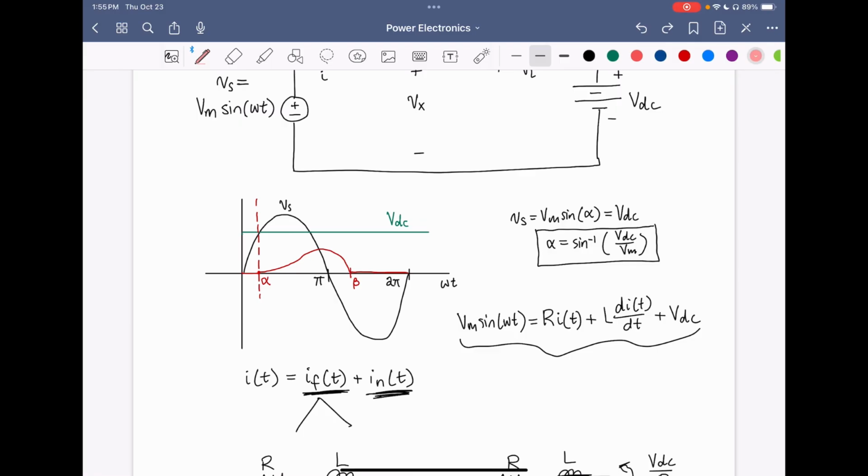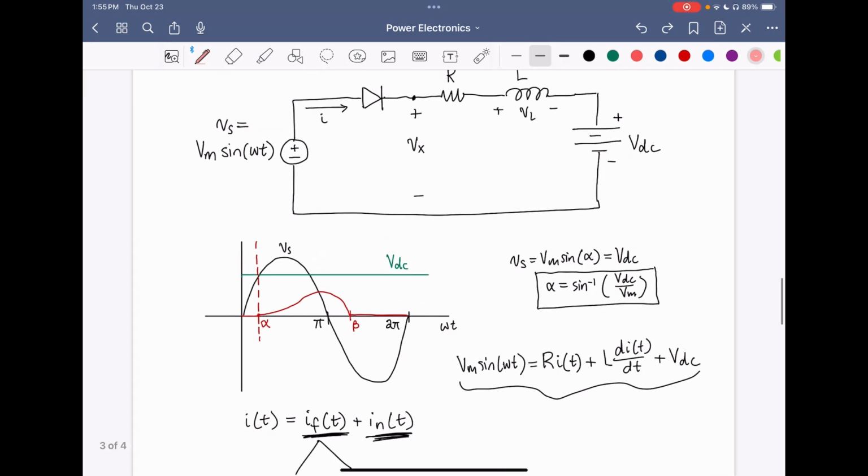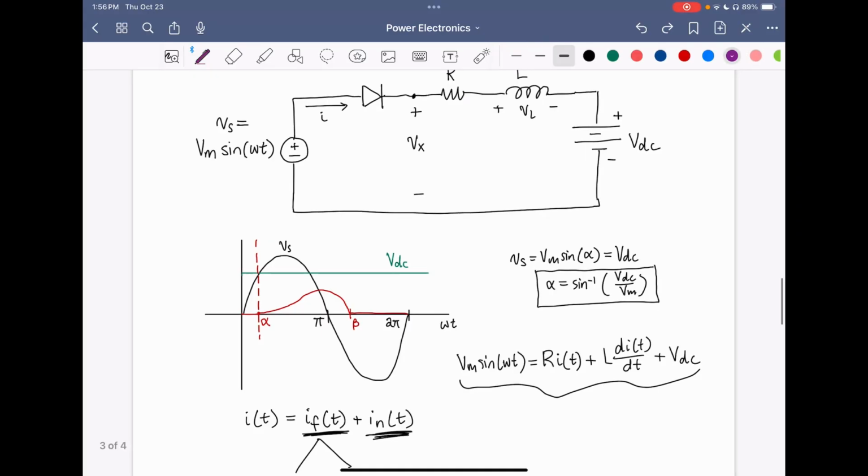Okay, now that we've found the waveform for the current flowing through the circuit, let's think about what the waveform for Vx looks like. Let's draw this out in purple. When the waveform Vs has a value that's less than VDC, we know during this first interval that the diode is reverse biased, meaning that it's an open circuit.